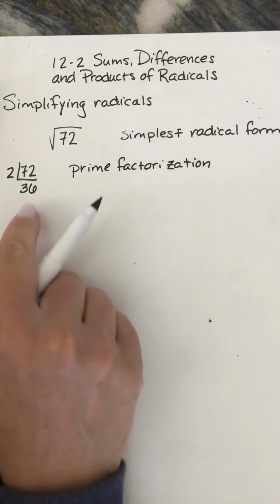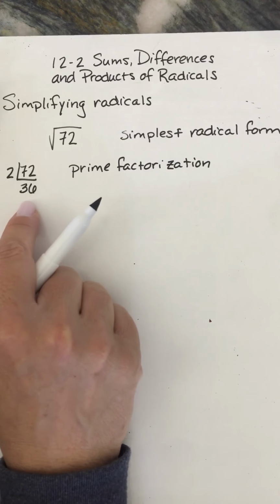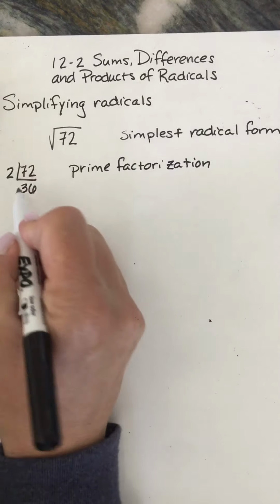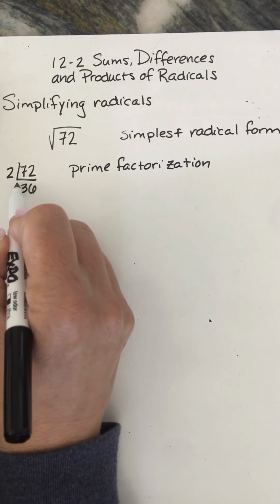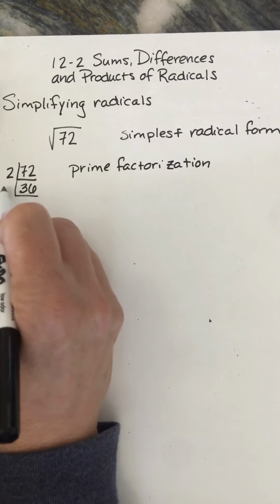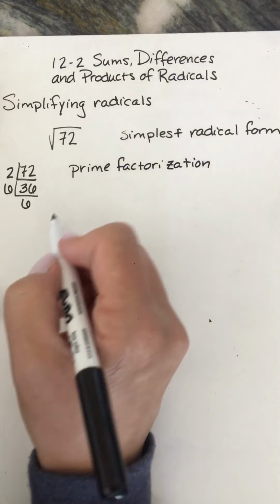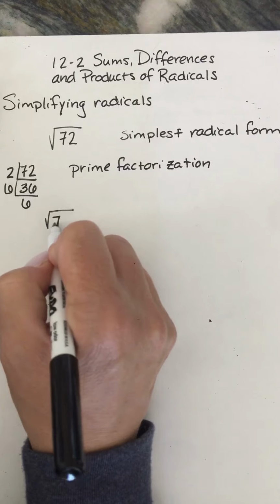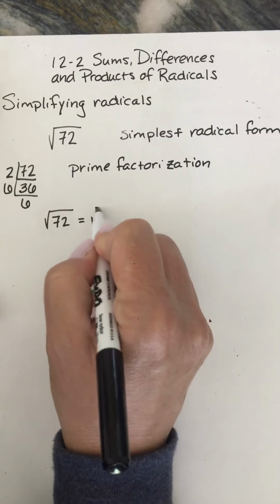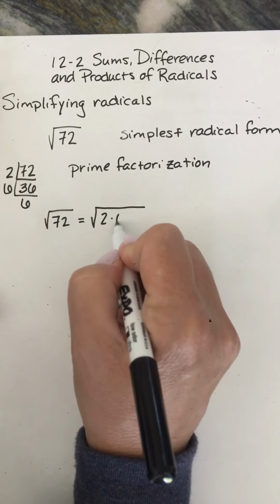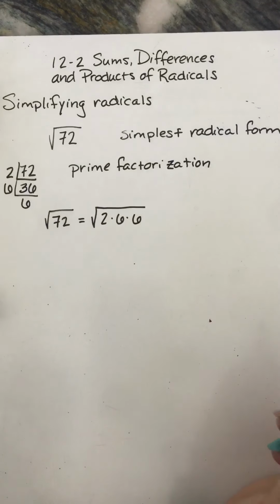Oh, hey, I've hit a perfect square. If you can identify perfect squares quickly, this is going to go really fast for you. So rather than doing a prime number, I'm going to use a perfect square, so that I can write the square root of 72 as the square root of 2 times 6 times 6.